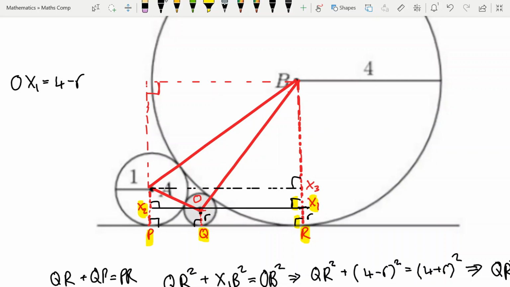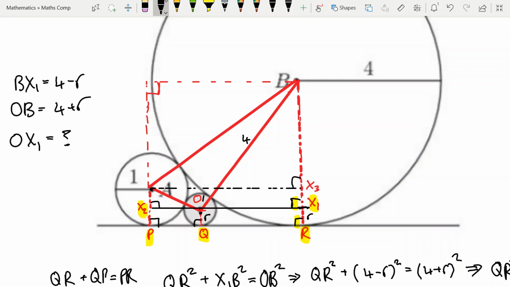And OB will be the radius plus 4, so you've got 4 plus R, and you're missing the length of O to x1, which you can find through Pythagoras, but at the moment it's unknown.